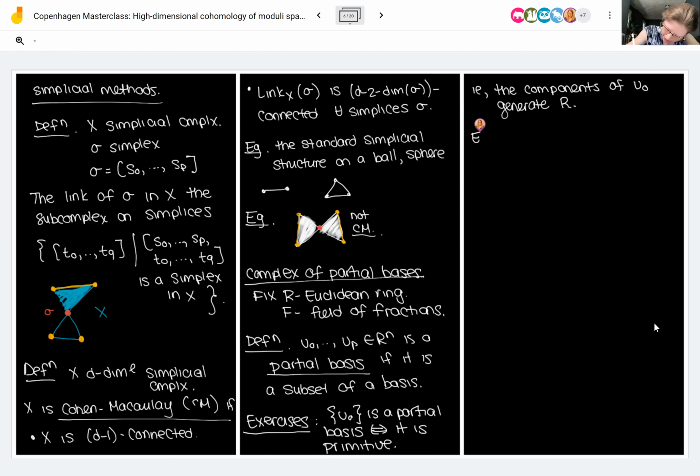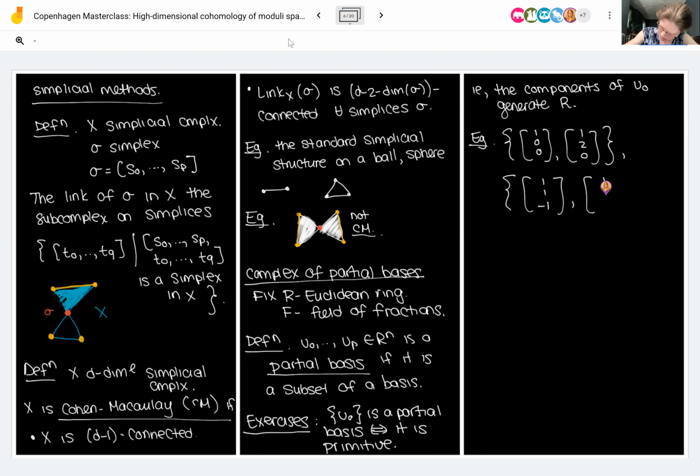And another exercise is to check the following. Here are examples of some vectors in Z^3, and I claim these are not partial bases.